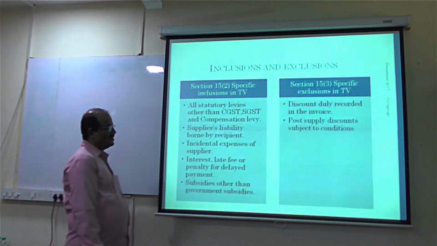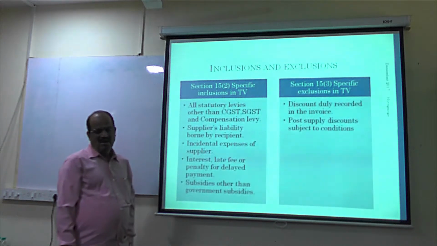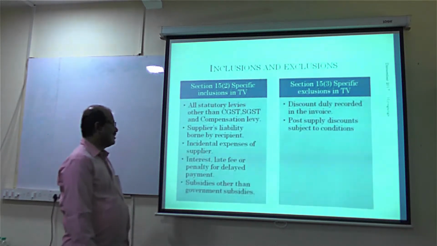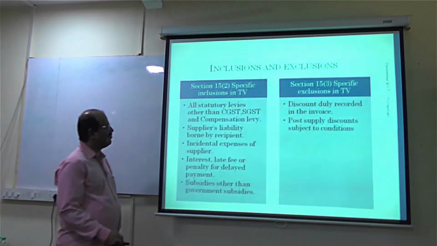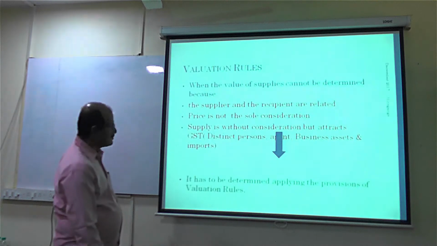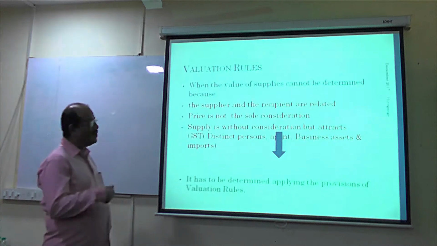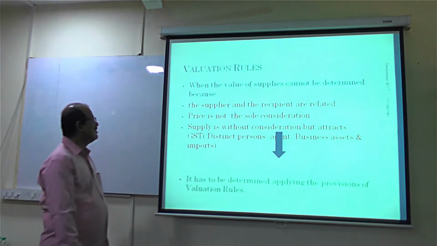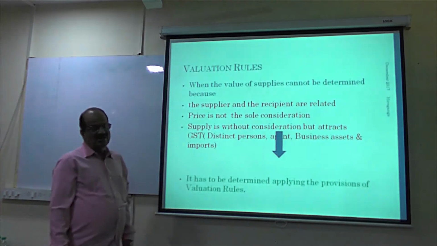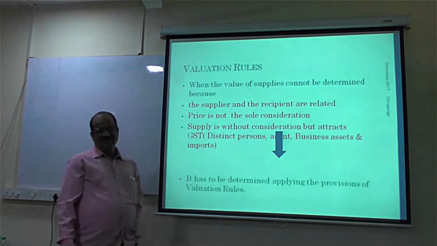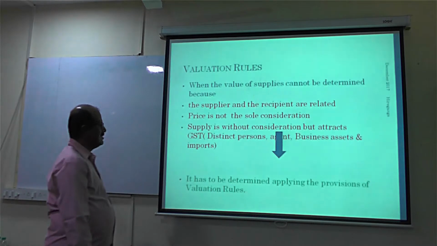So the main section itself provides which are the items which can be excluded and which are the items which can be included. Now the question arises, when do we go to the valuation rules for determination of transaction value? Main section provides that there is a transaction value which has three limbs which we already discussed.